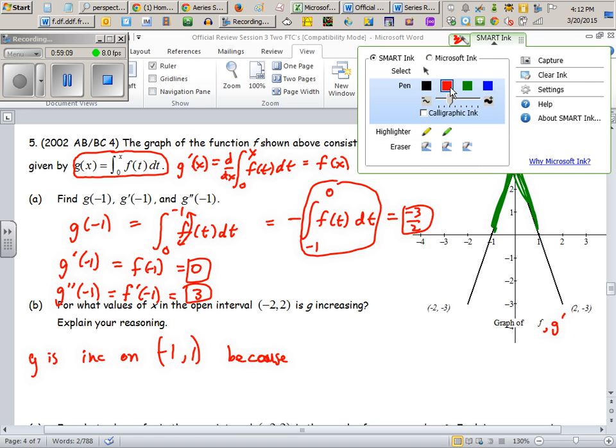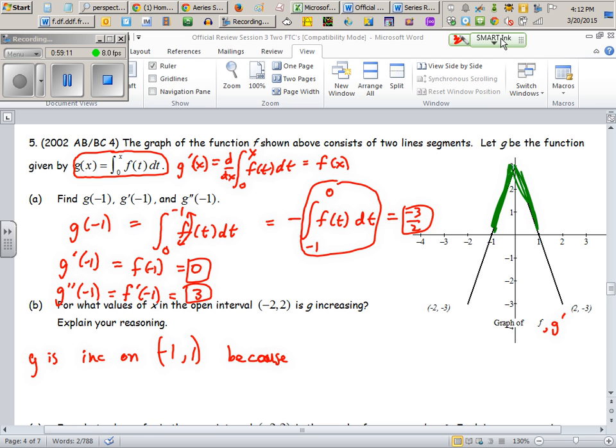You could just say f, which is g prime, is positive. They love that. When you reference f being g prime in the sentence like that, that's what they're looking for. They're looking for you understanding multiple interpretations of one graph.